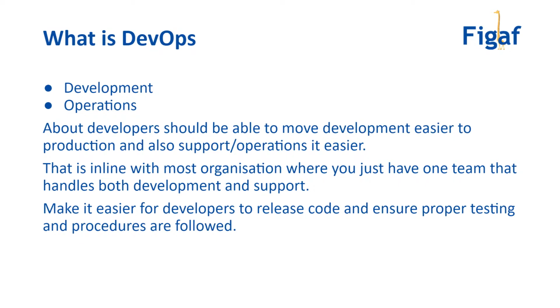The idea in some of these online companies like Google is that a developer should be able to, within the first day, take some code, move it all the way to production, and make sure it has run a lot of different types of tests. That is the idea that we strive towards.